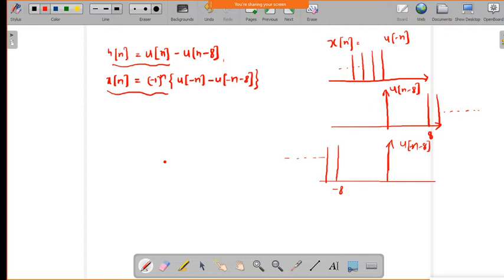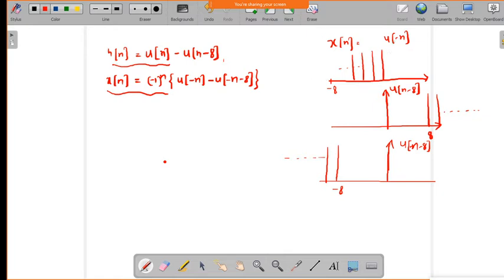Now you have to subtract this one and this one: u of minus n minus u of minus n minus 8. From minus 8 onwards the samples are there.